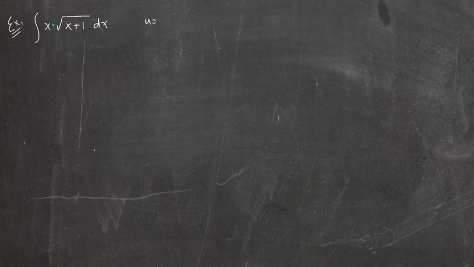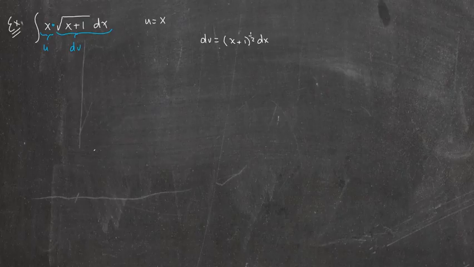So I'm going to let u equal x, and dv has to equal all the rest of this. I'm going to rewrite it as x plus 1 to the 1/2 dx. So I've taken this as u, and I've let this whole thing equal dv.